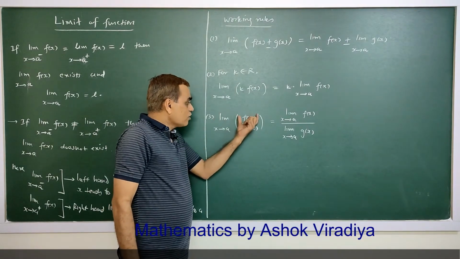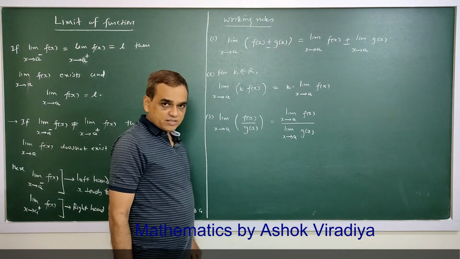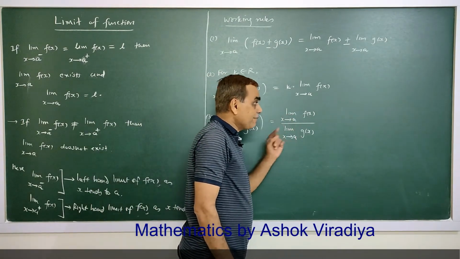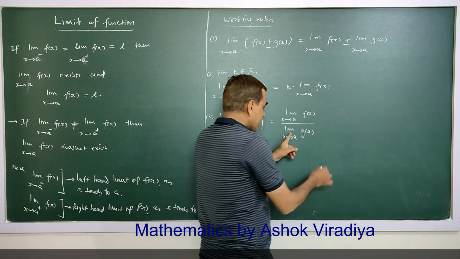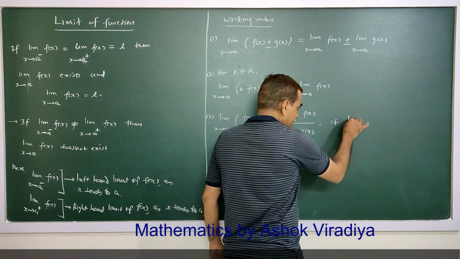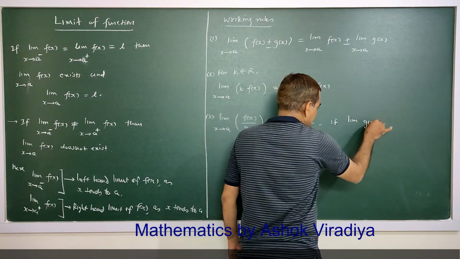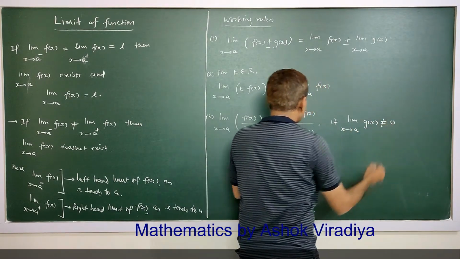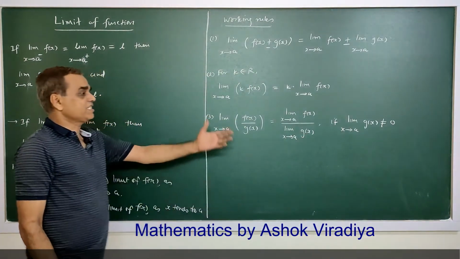The limit of a quotient of two functions is equal to the quotient of their individual limits, but here the condition is that the denominator must be non-zero. If the limit of g(x) is non-zero, then this exists.